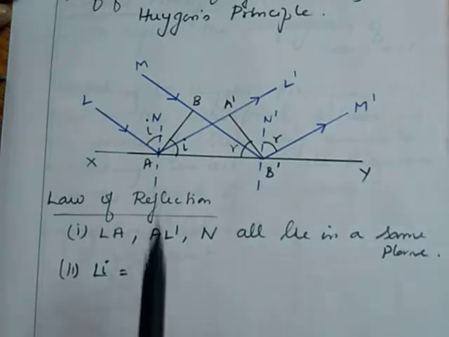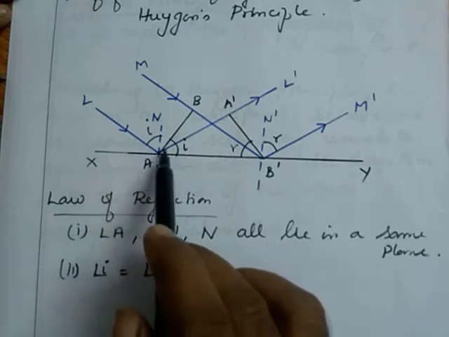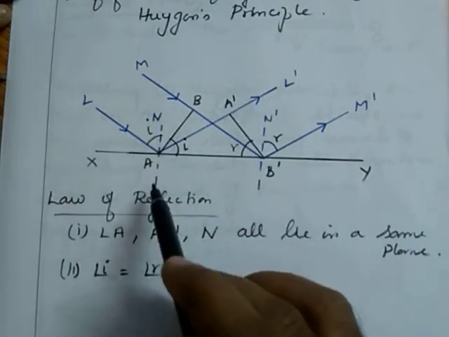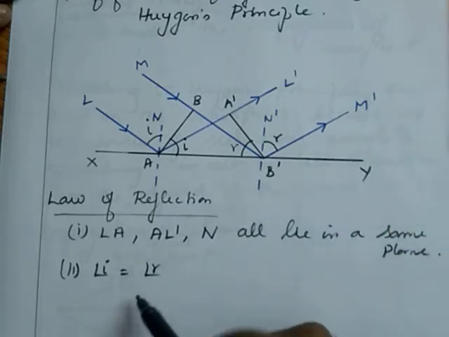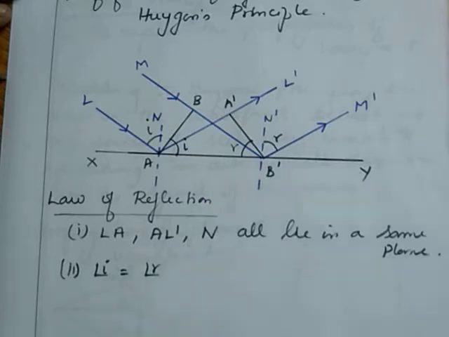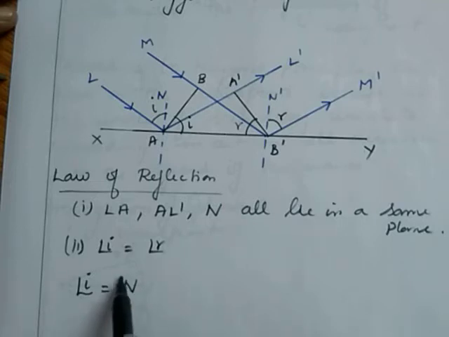Here we know the first point is proved: the incident ray, the reflected ray and the normal all lie in the same plane. Then the second law we have to prove, that is angle of incidence is equal to angle of reflection. Here I consider the angle i. Angle of incidence is equal to angle NAL.